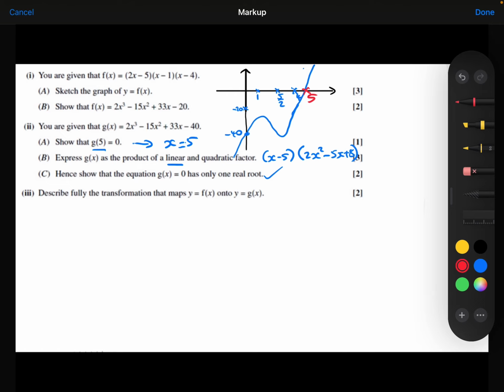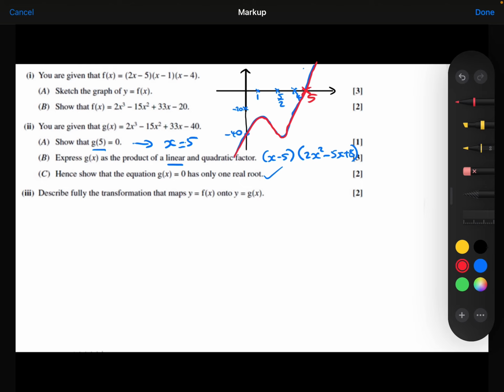And from this sketch it makes sense why we have only one real root, because we can see that this graph is only intersecting the x-axis in one place when x is 5. So our answers for part II should hopefully make sense.